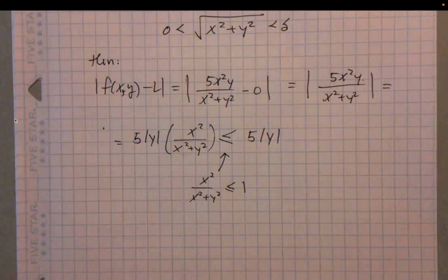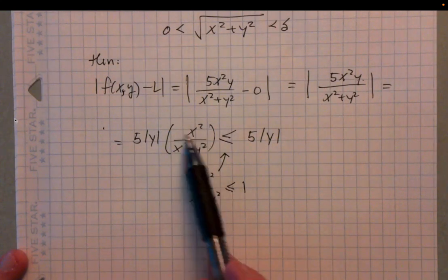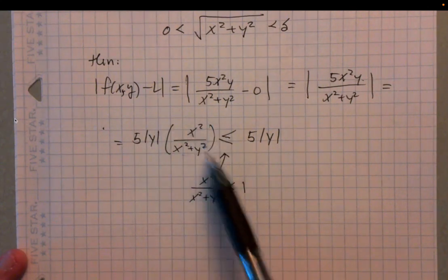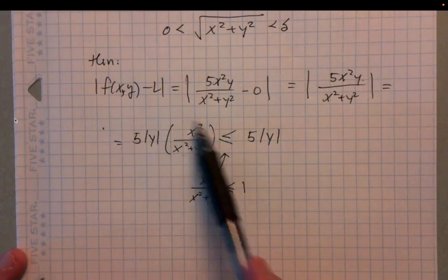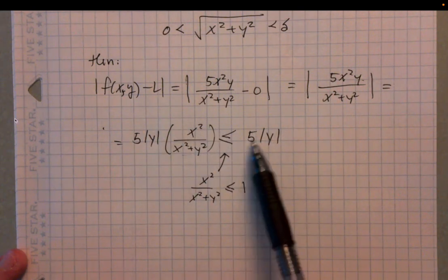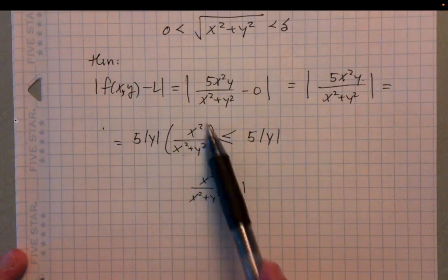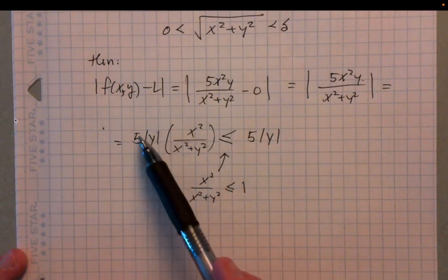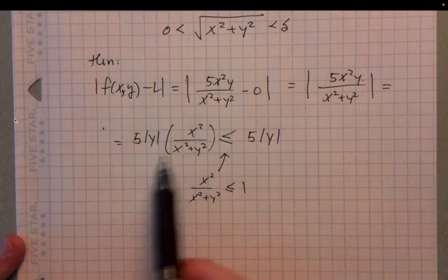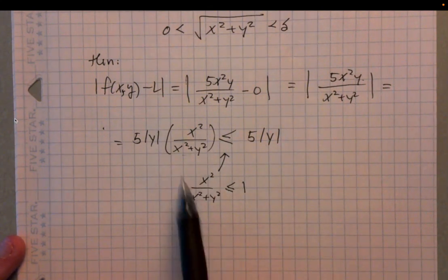If it is 1, then this whole side is just 5 times the absolute value of y. If it is something less than 1, then this whole side is less than 5 times the absolute value of y. It's kind of a subtle thing, but it allows us to simplify this expression.